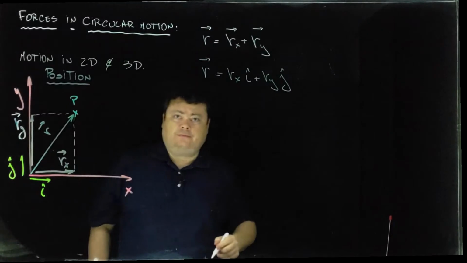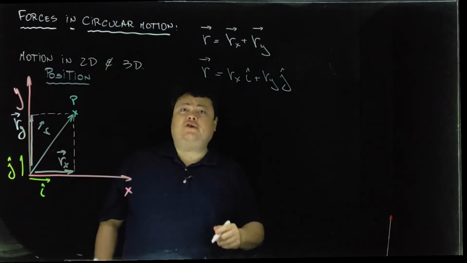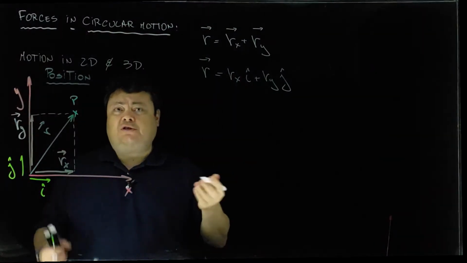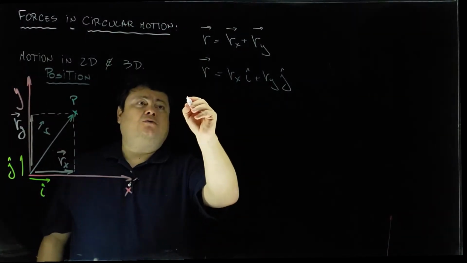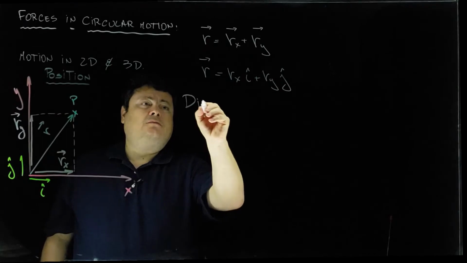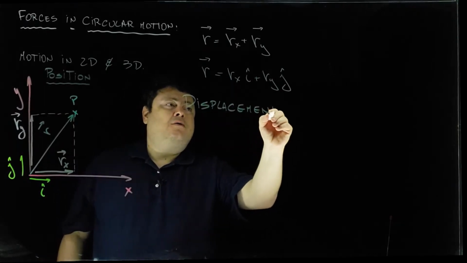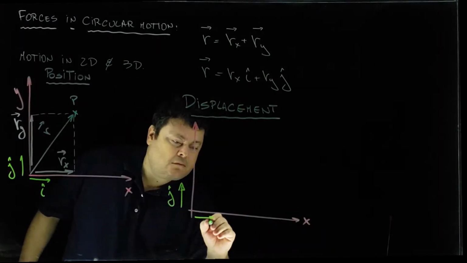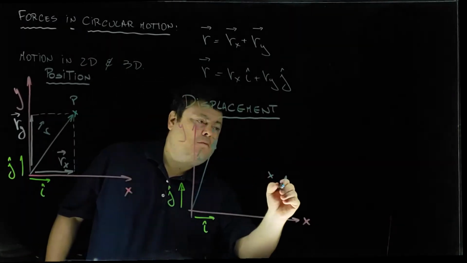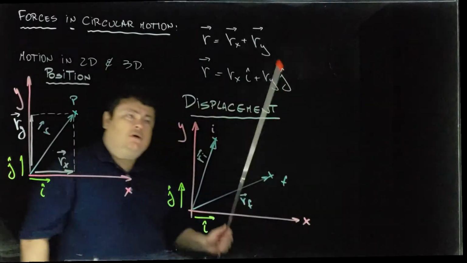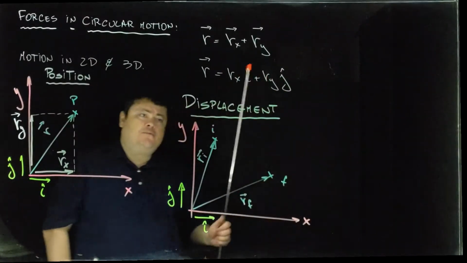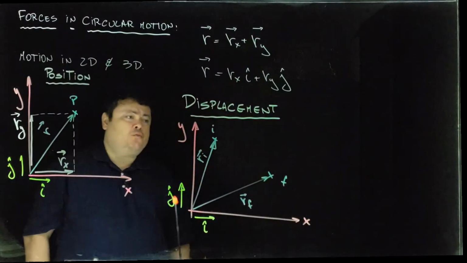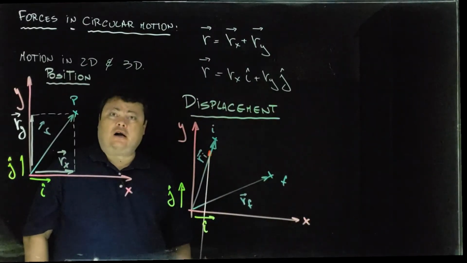position vector. Now, after we have this idea of position vector, let's talk about displacement, because objects don't stay in place, they move around. So now let's talk about displacement. In my description now, my object was at the initial position, Ri, and it will move to a final position, Rf.